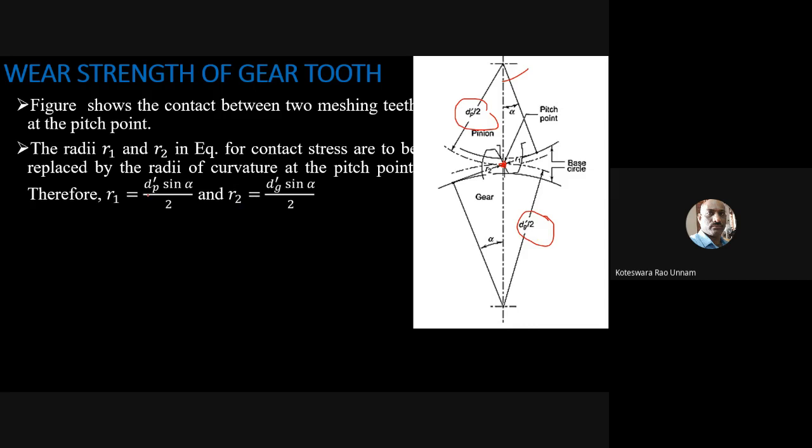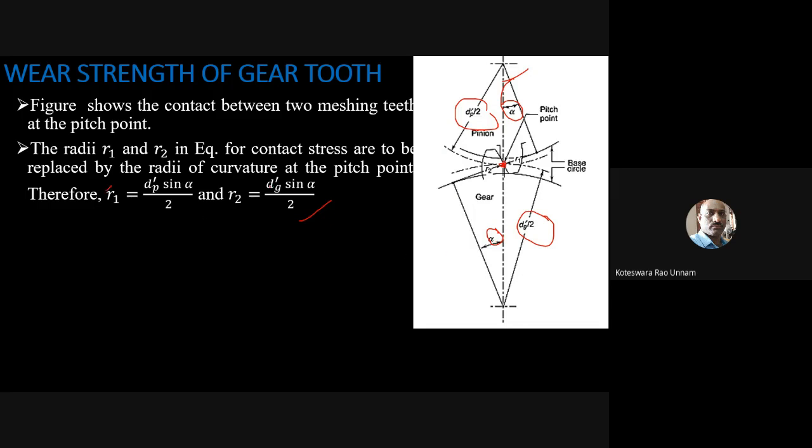If the pressure angle is alpha in both cases, you can easily find dp by 2 sin alpha and dg by 2 sin alpha. R1 and R2 are replaced in that formula for contact stresses.